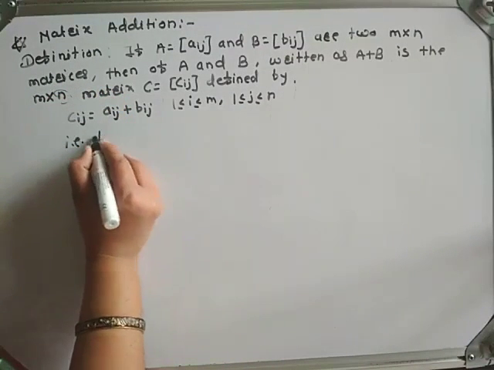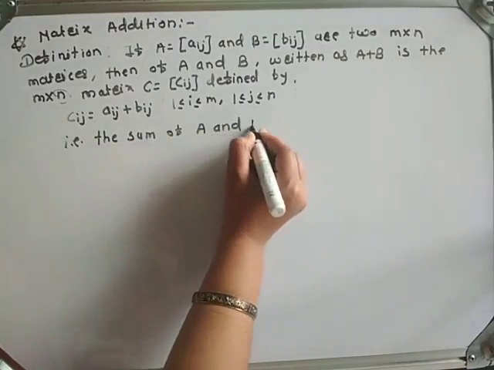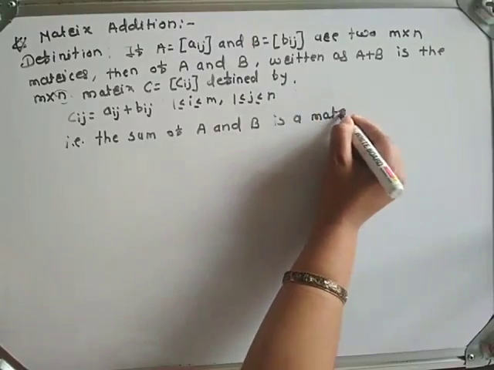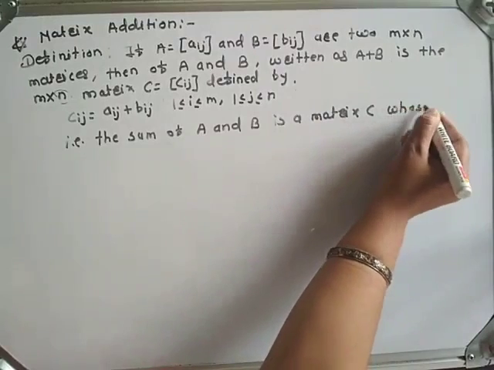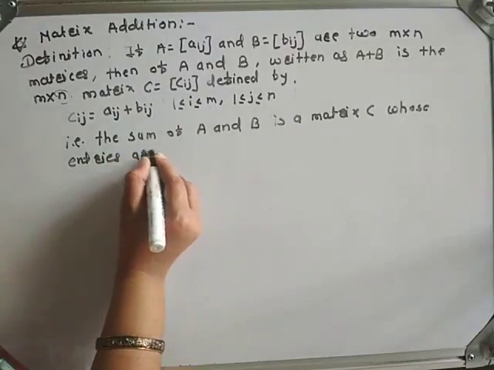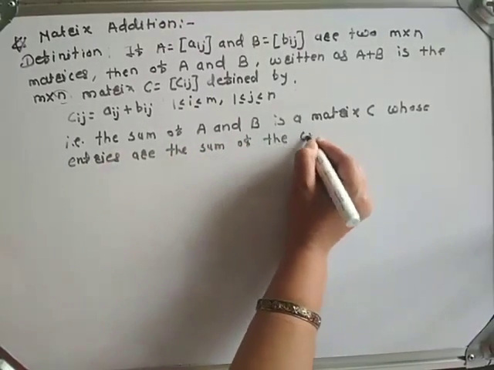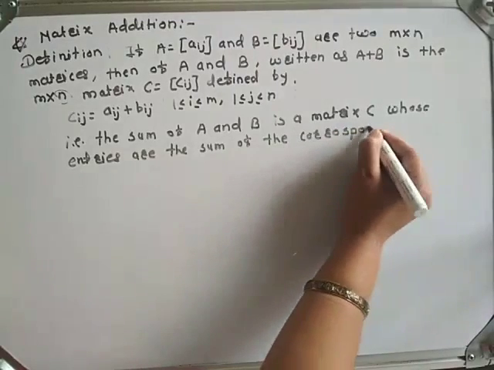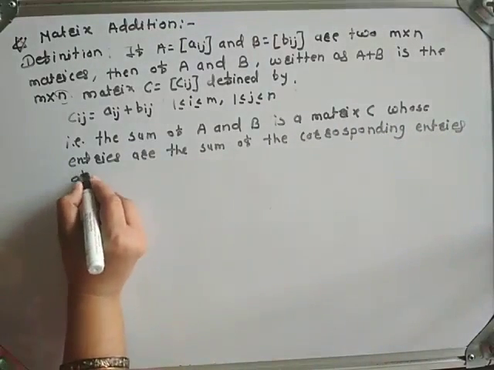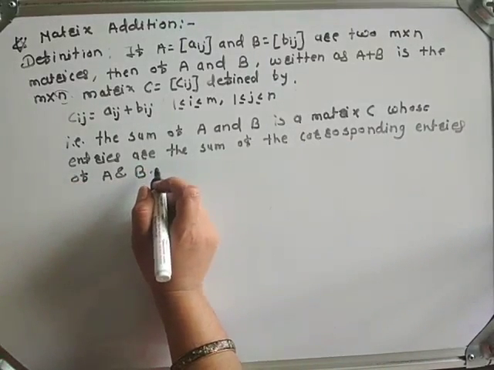That is, the sum of A and B is a matrix C whose entries are the sum of the corresponding entries of matrix A and B.